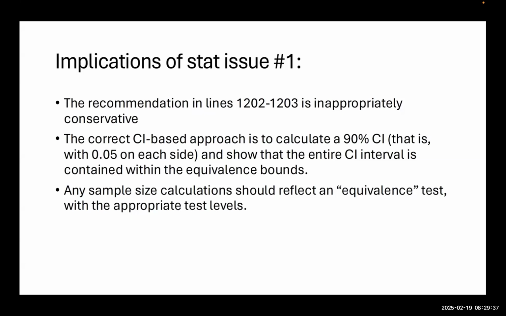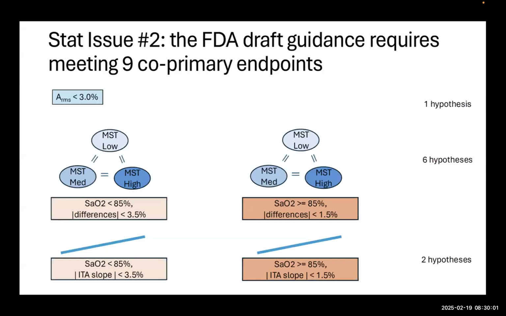Any sample size calculations we do should reflect that we're testing for equivalence and use the appropriate levels. Practically speaking, the sample size you would calculate should be reduced. If you use the correct 2 one-sided test approach, it is a fair amount smaller than when you don't. So there is a practical implication here.